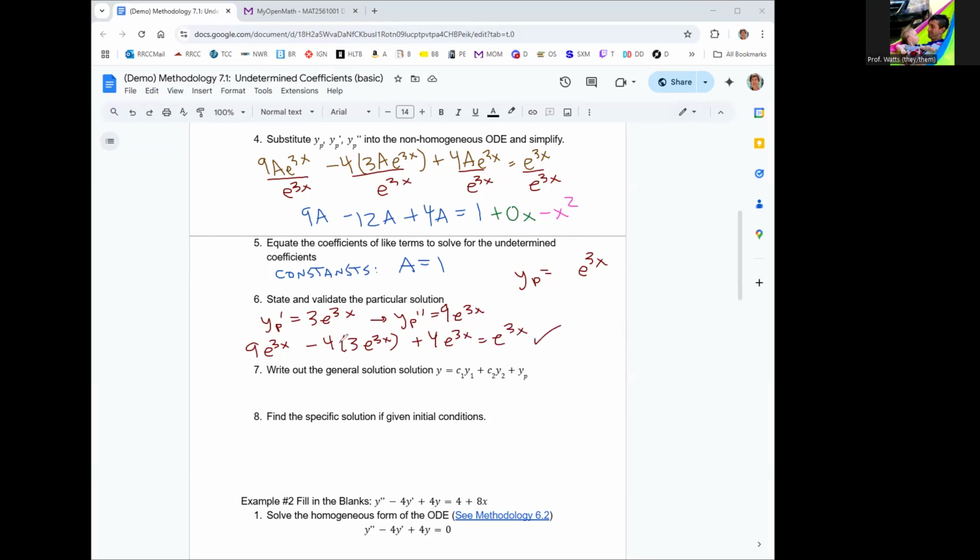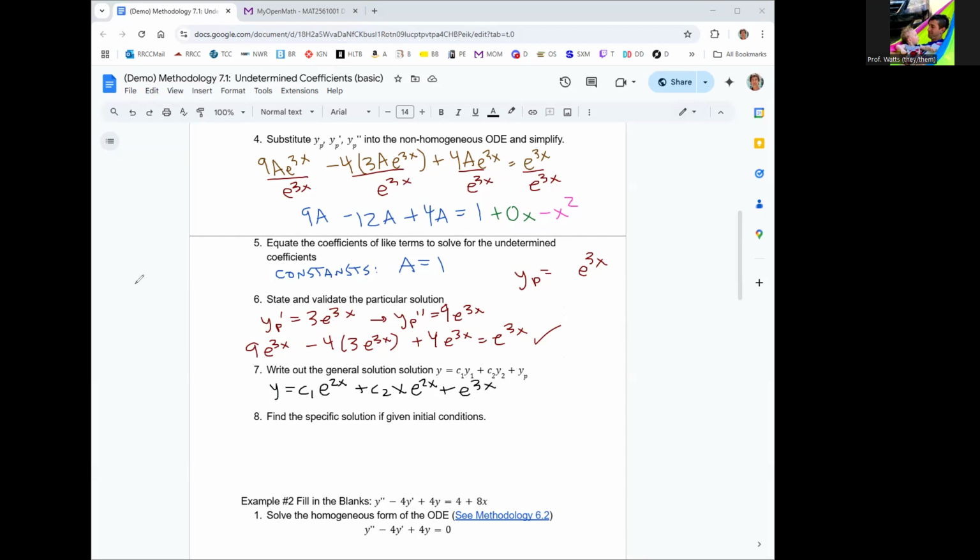We have 9 minus 12 plus 4, which equals e to the 3x. Now, remember that the particular solution is a term that's added on to c1y1 plus c2y2 to get us our general solution. And we found y1 was e to the 2x, and y2 was x e to the 2x. And then the particular solution being added on is e to the 3x. So there's our general solution.